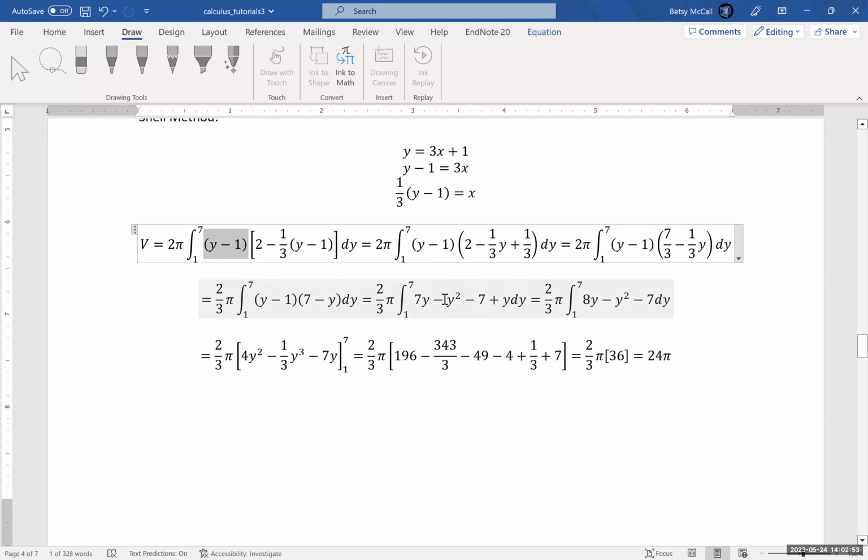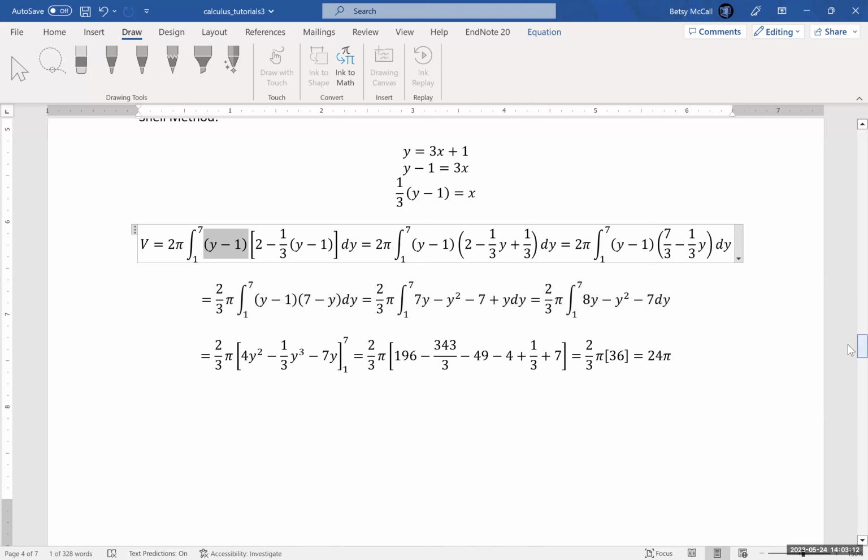And then I have to FOIL y minus 1 and 7 minus y. FOIL, get 4 terms. Simplify. The only 2 terms that add together are y and 7y to get 8y.